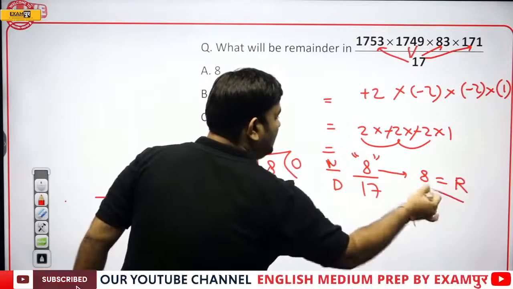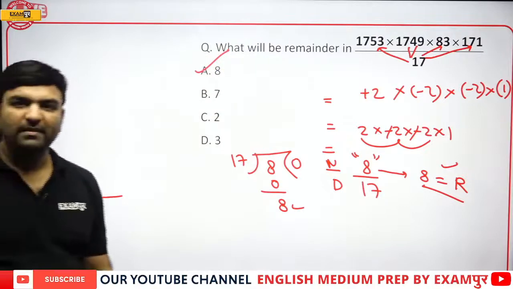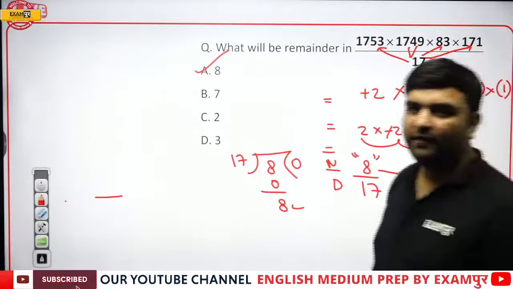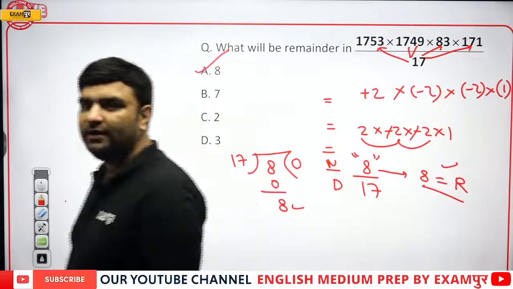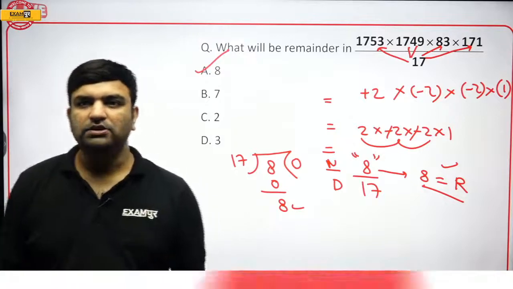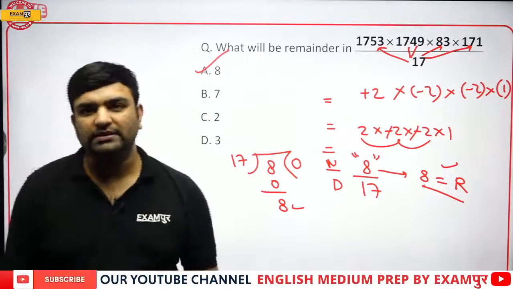Is this logic clear? Because your quotient is going to be 0 and the remainder is going to be 8.